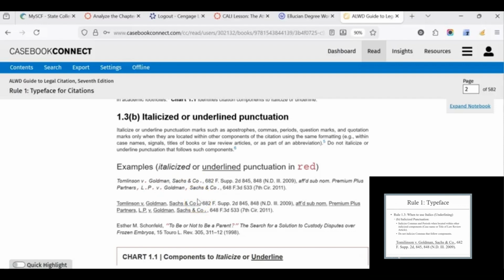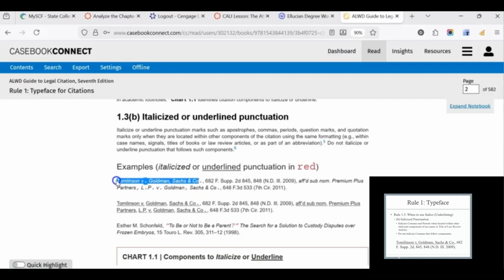So if you notice, the case name from beginning to end is italicized up until that last little comma, because that's where our component stops, is right before that last comma. So the punctuation within that case name component has to be italicized as well.